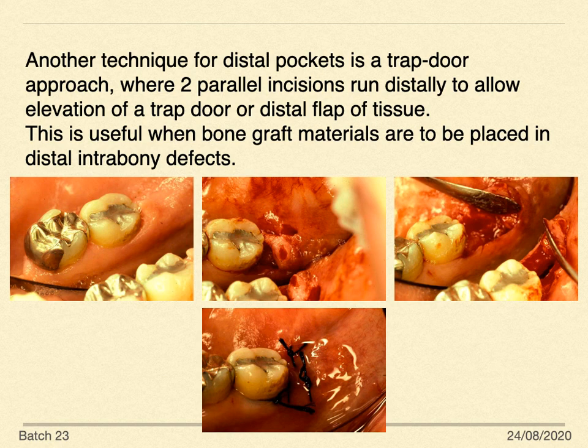If there is a distal crater, you want to fill it with bone, you can use a graft material to fill that region. The trapdoor will help you to secure the flap in position without any tissue loss. So an adequate amount of tissue coverage will be present after the surgery. That is the idea of using a trapdoor on distal pockets.